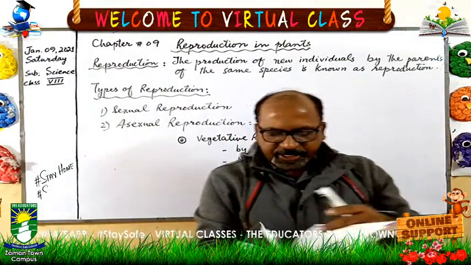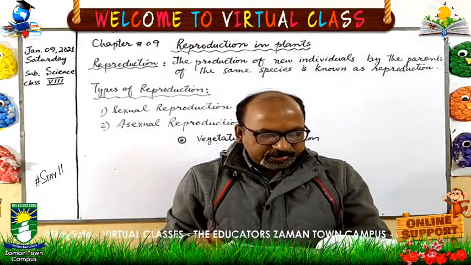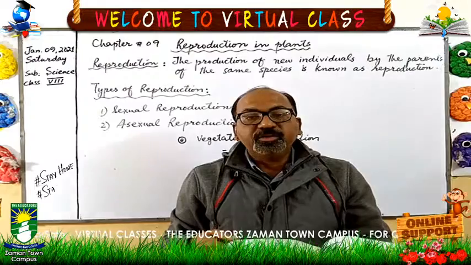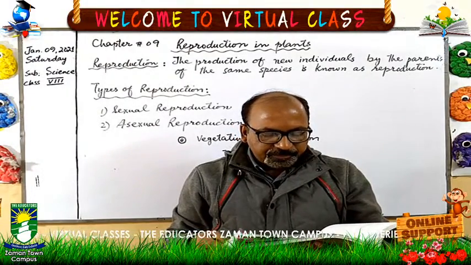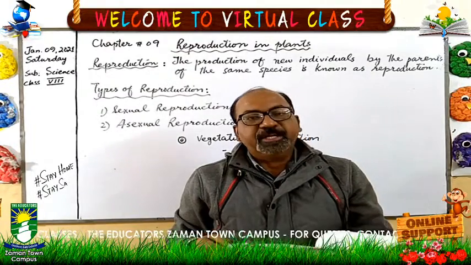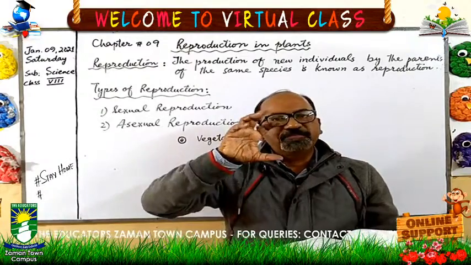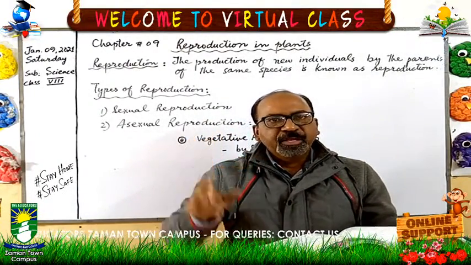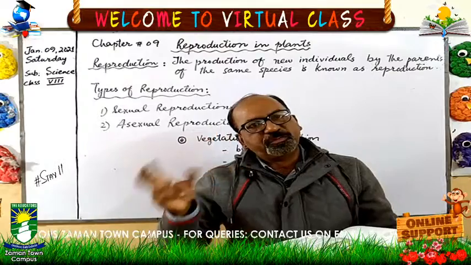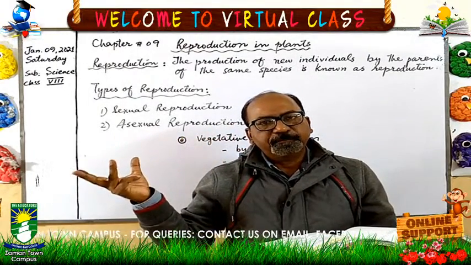So asexual reproduction, as the definition written in your book says, is the method of reproduction that does not involve the fusion of male and female. Fusion means to combine, and when the male part fuses with the female part, this produces a new plant.